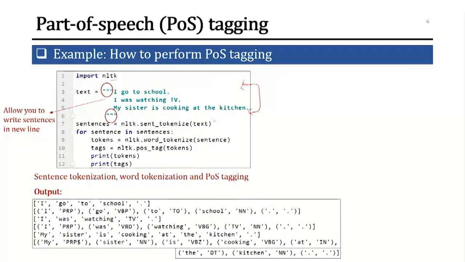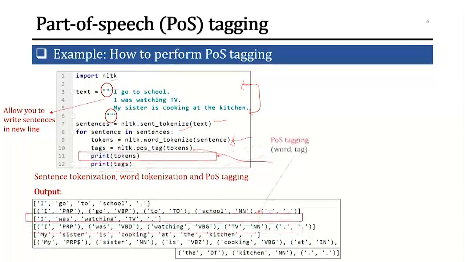Next we have the sentence tokenization, which we saw in the previous lecture already. For each sentence, we do the word tokenization. After the word tokenization, as we discussed earlier, we have the POS tagging process, which allows us to do part-of-speech tagging for the given word tokens of a particular sentence.